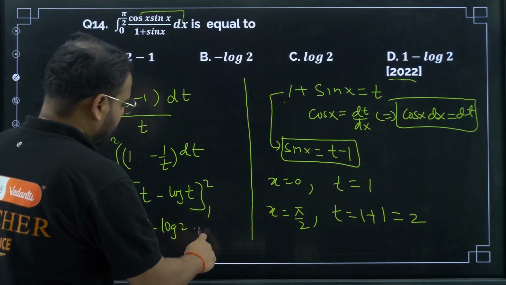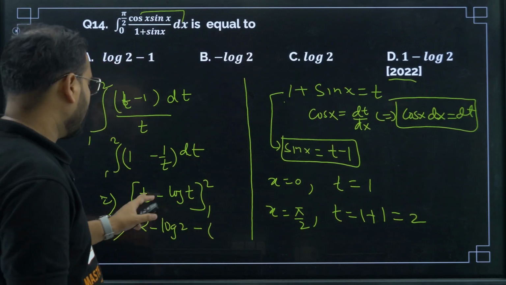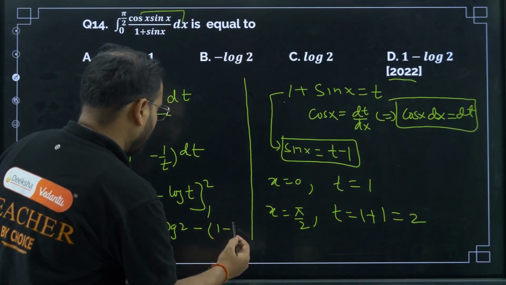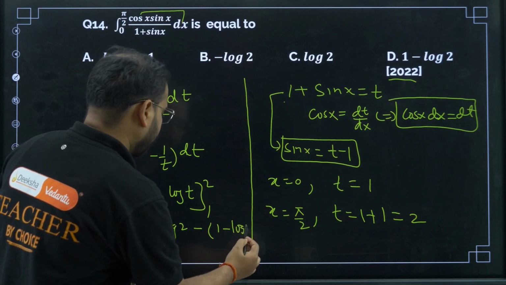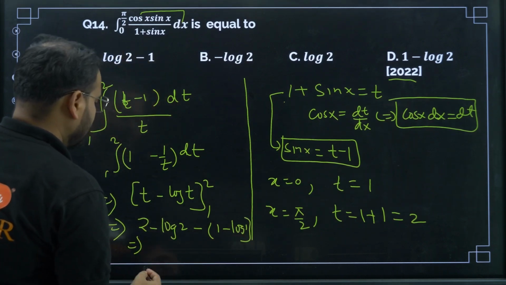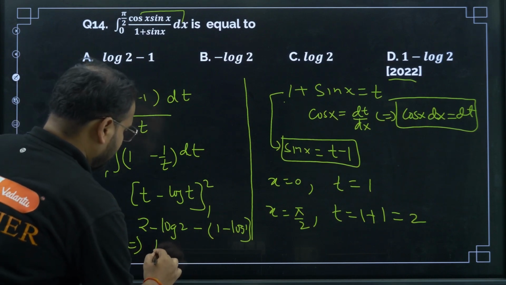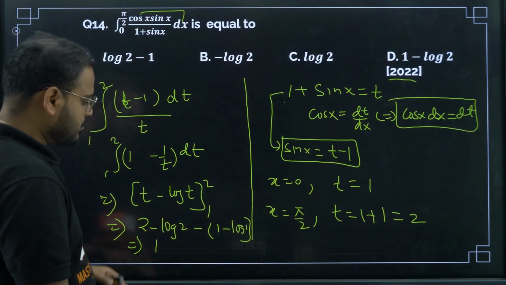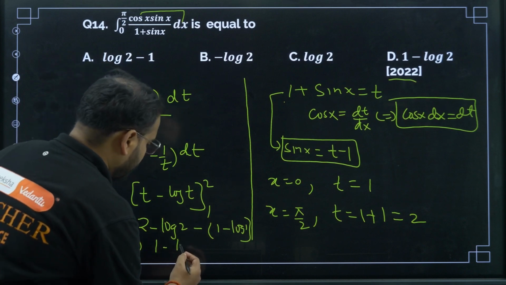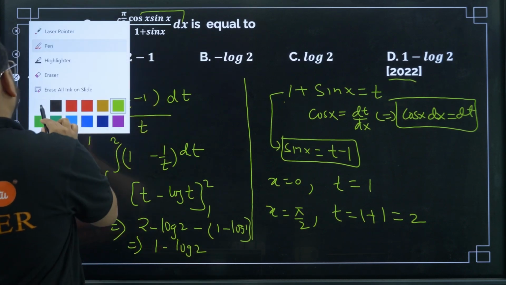You're going to get minus, sign will be there, 1 minus log 1. You're going to get 2 minus 1, so 1. Log 1 is 0, that is gone, so minus log 2. 1 minus log 2. This is my final answer.